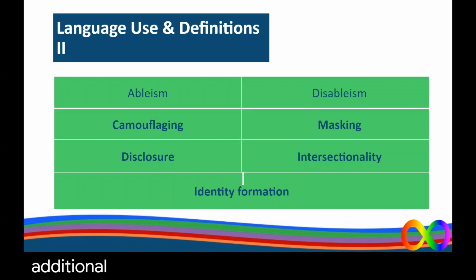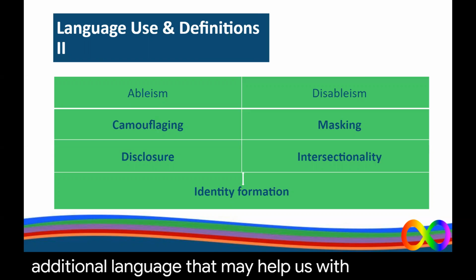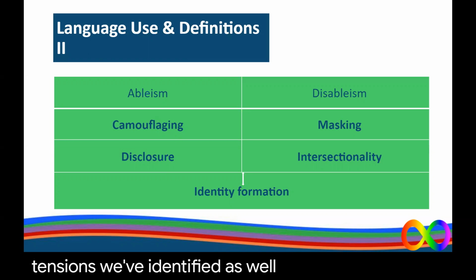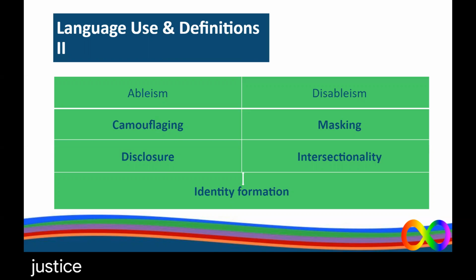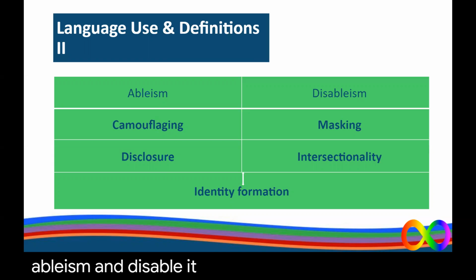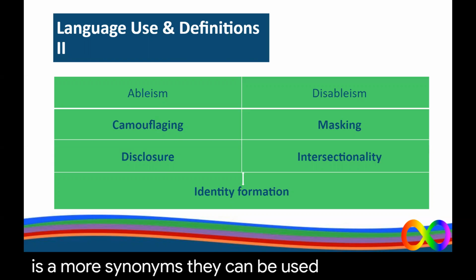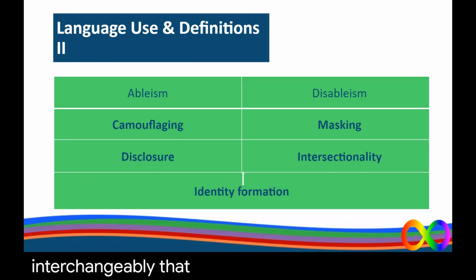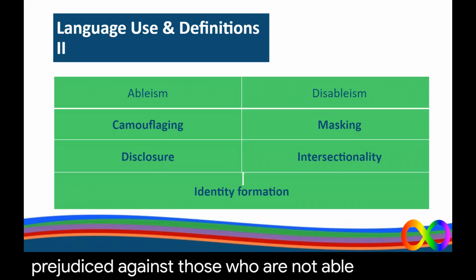So some additional language that may help us with the tensions we've identified, as well as with the social justice aspect of neurodiversity, are on this slide. Ableism and disableism. So ableism and disableism are synonyms. They can be used interchangeably. Ableism can be defined as prejudice against those who are not able-bodied.